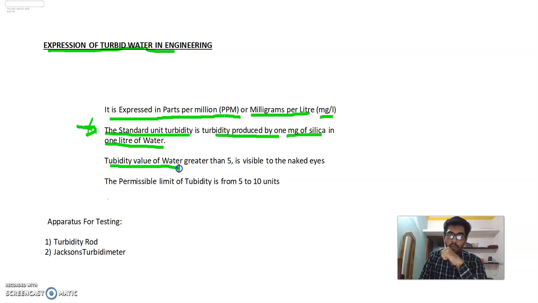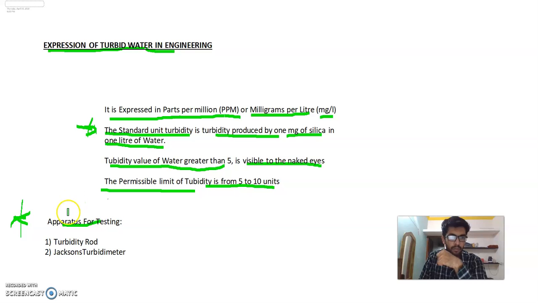Turbidity value of water when it is greater than 5 is visible to our naked eyes. The permissible limit of turbidity is from 5 to 10 units. So we have various apparatus for testing turbidity in water, that is turbidity rod and Jackson's turbidimeter.